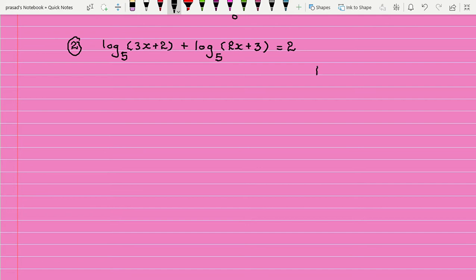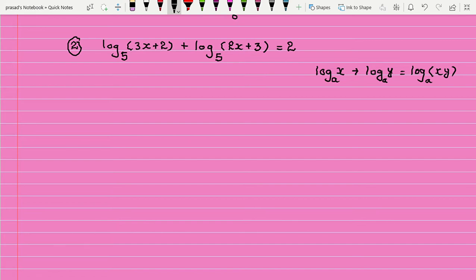Yes, correct, log x to base a plus log y to base a will be equal to, yes, tell me, log of x into y to base a, that is the product rule, product law of logarithm.